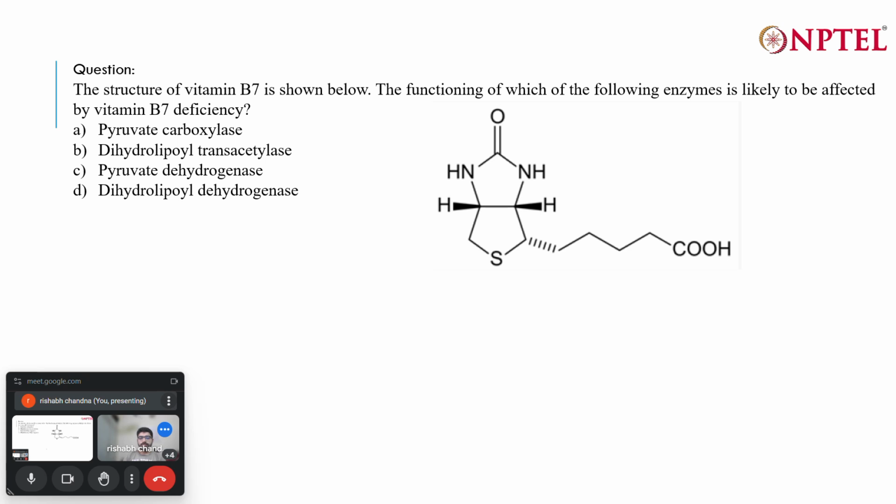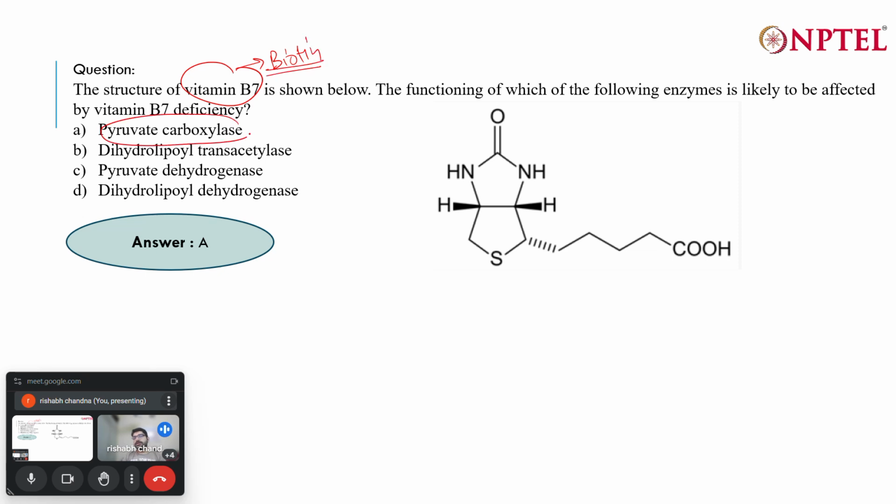Okay, so the correct answer is option number A, that is pyruvate carboxylase. Vitamin B7 is the other name for biotin. Biotin is involved in the enzyme called pyruvate carboxylase that converts pyruvate to oxaloacetate to maintain homeostasis.